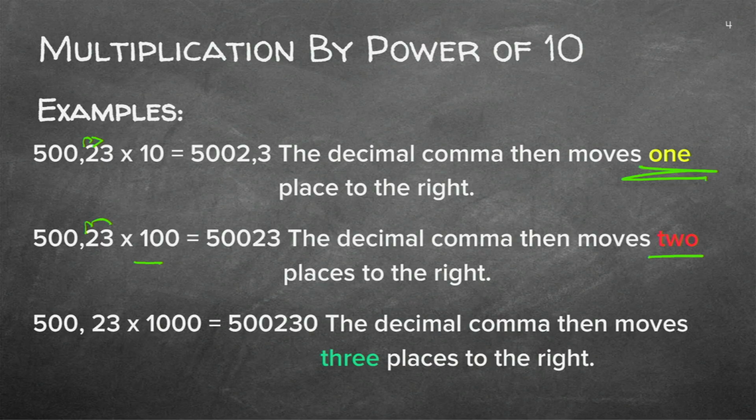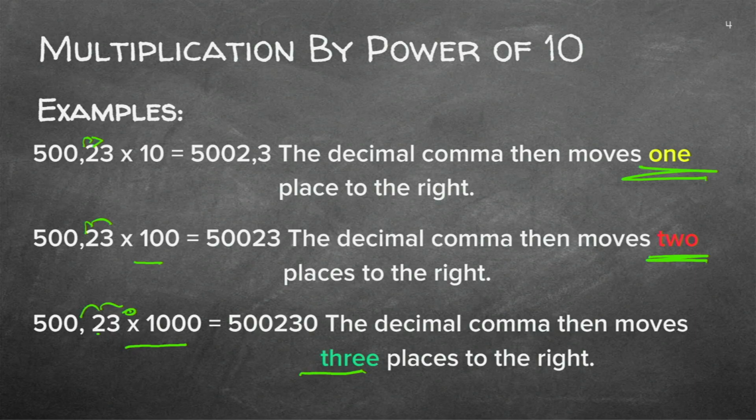So we move the decimal comma 2 places to the right. And when we multiply it by 1,000, we're going to move the decimal 3 places, so remember, 500230. The decimal comma moves 3 places to the right.